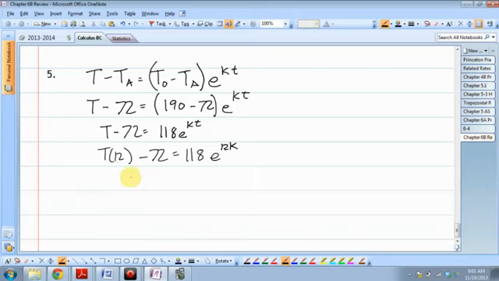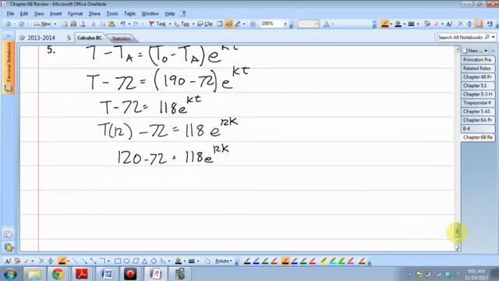T is 120. 120 minus 72 equals 118 e to the 12k. How's that? Yep. 120 minus 72 is 48, yeah? 48 equals 118 e to the 12k.